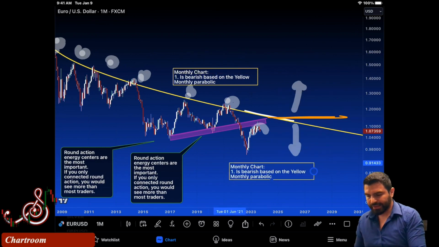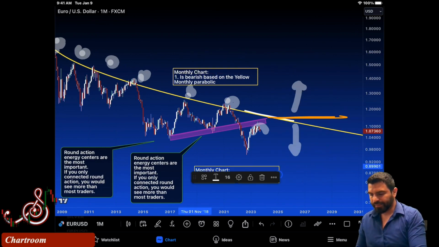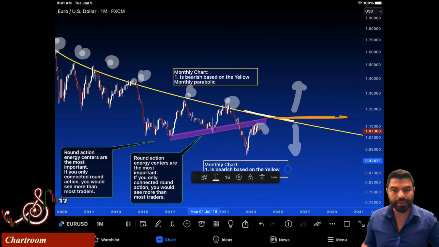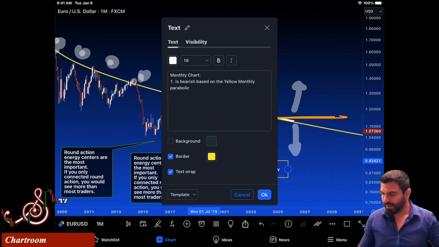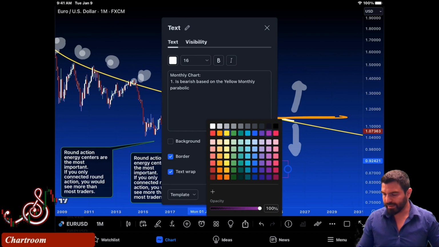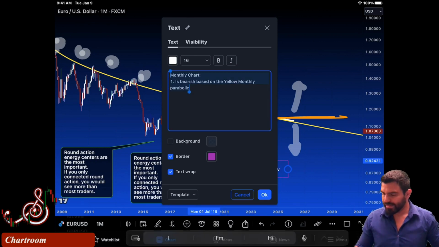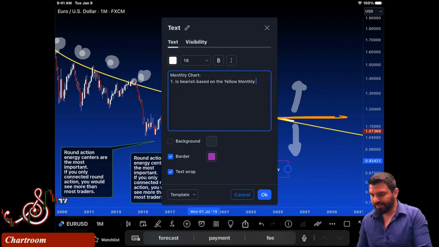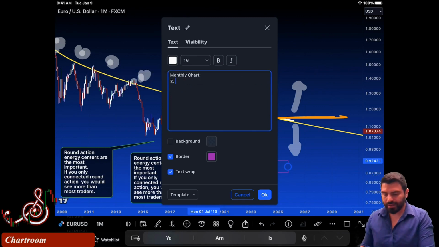All right, now let's mark that off. Put it on our list. Here we go. Okay. We're gonna put this border as pink. I'm gonna click on the settings button and I'm gonna change the border. And I'm gonna place a border. And we're gonna say number 2, monthly chart.